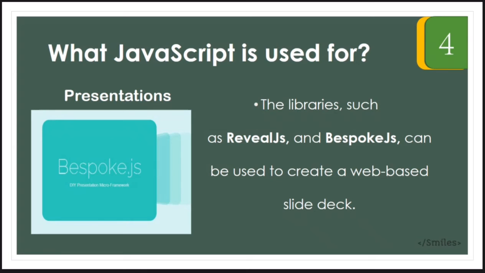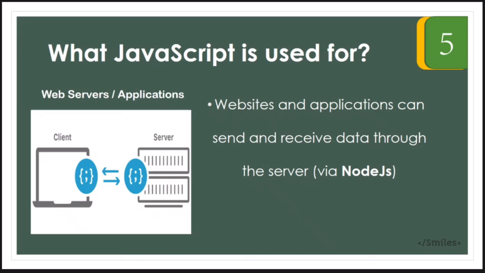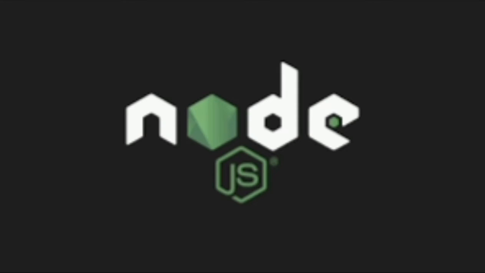And last but not least, what it can do for us is web servers and applications. These can be created using Node.js. Node.js is not a part of JavaScript itself, it's a framework of JavaScript. It is event-driven and doesn't wait for the response of the previous call to finish loading. It's fast and doesn't use buffering of data.